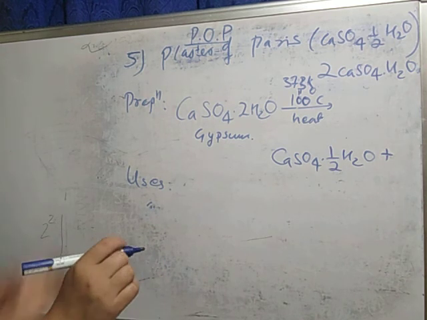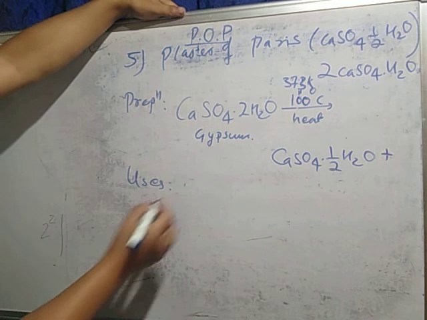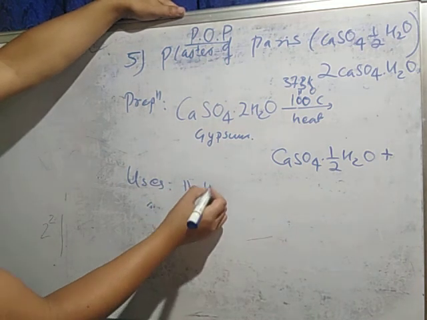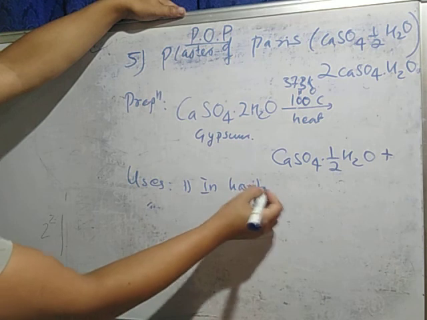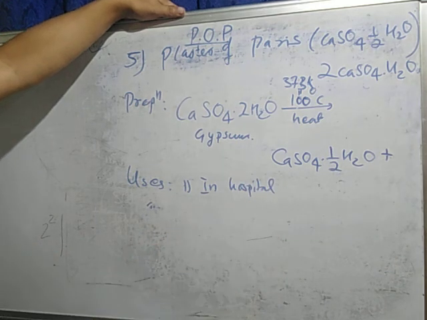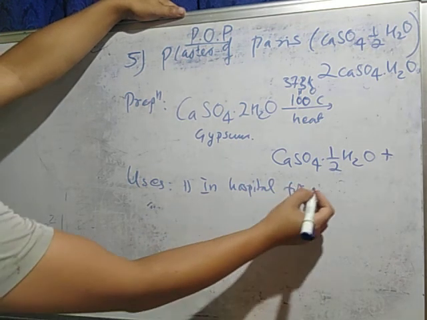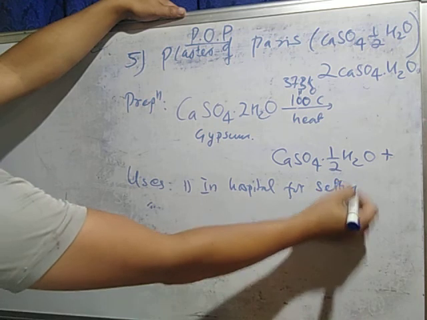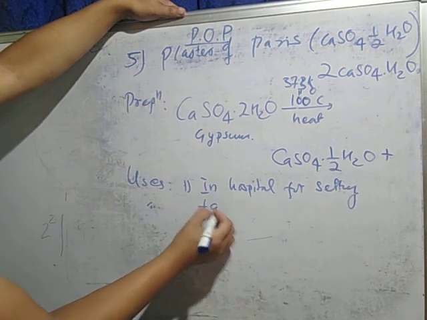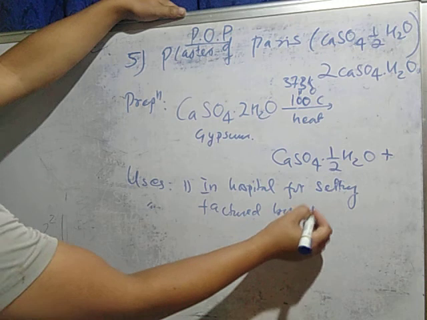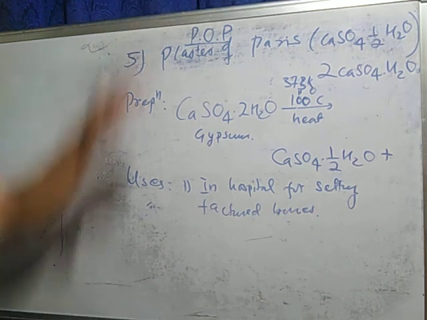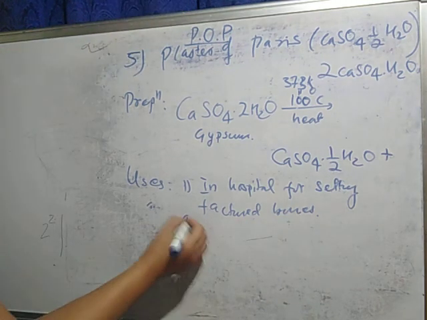So plaster of Paris is used in hospitals for setting fractured bones. Next use, you can use this to make toys.